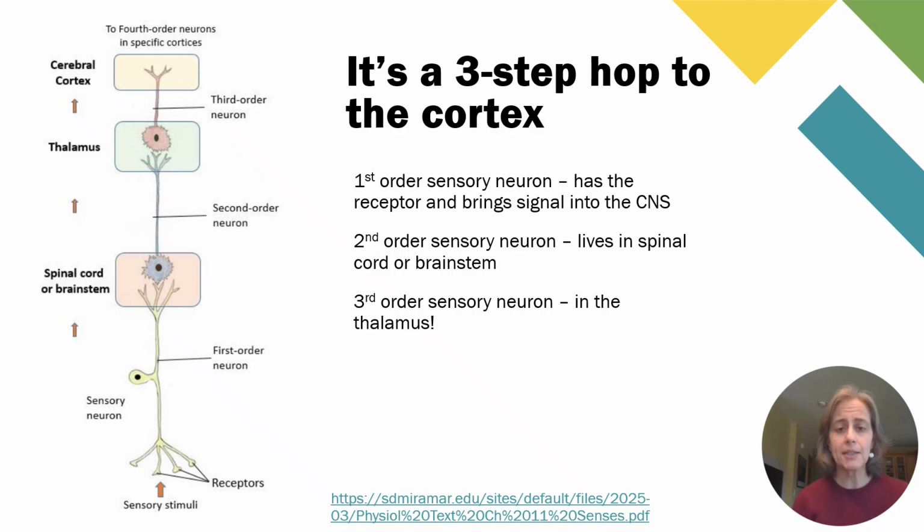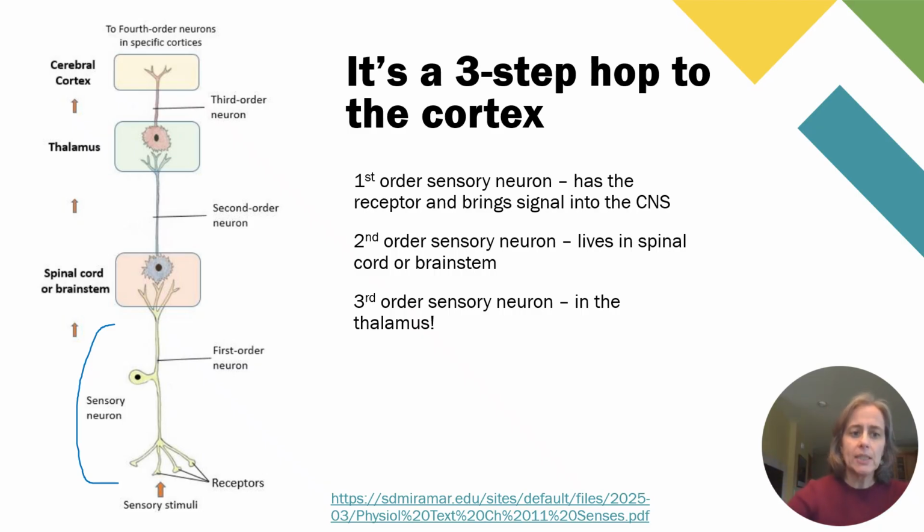So for all of somatosensory, it's a 3-step hop, and we talk about them as first order, second order, and third order neurons. So the first order neuron is the weirdo, right? This is the one that actually has the receptor that's detecting whatever stimulus it is, be it pain or temperature or touch, and whose cell body is living in a ganglion, either the dorsal root ganglion or the trigeminal ganglion or some other ones.